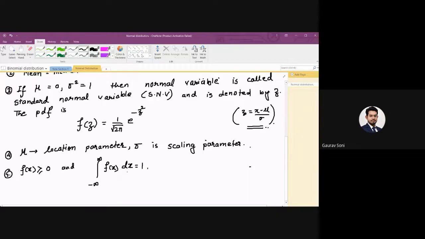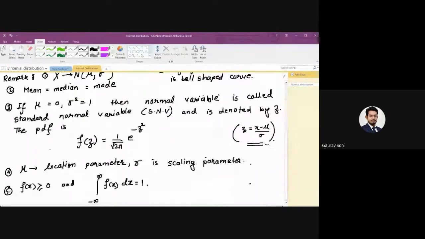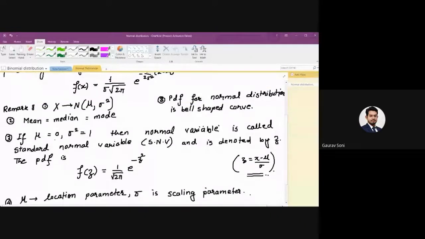So right now just consider that whatever I have said is correct. So what is the use of this now, and how are we going to find the integration? That is the part which is actually needed to understand this.